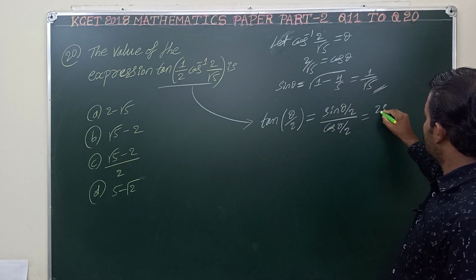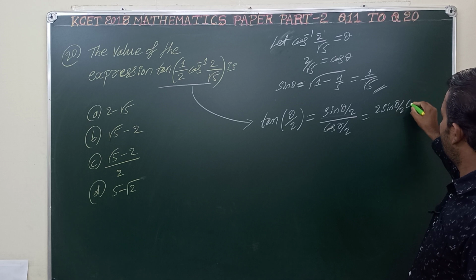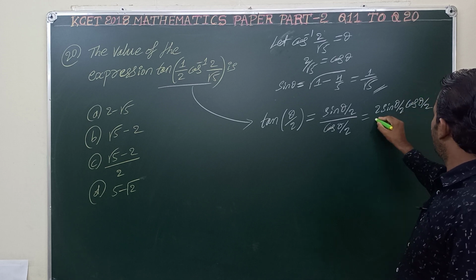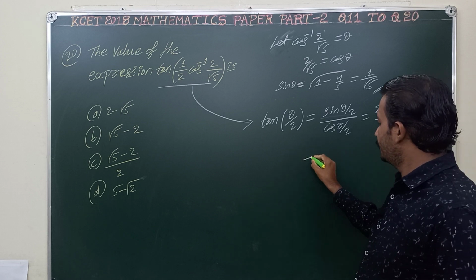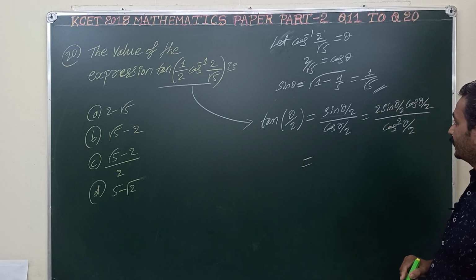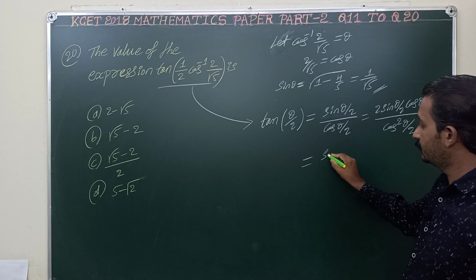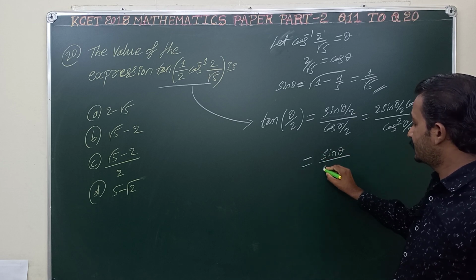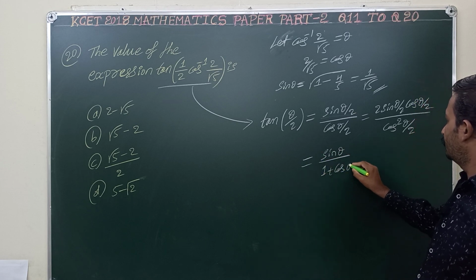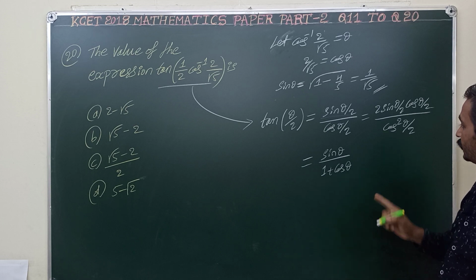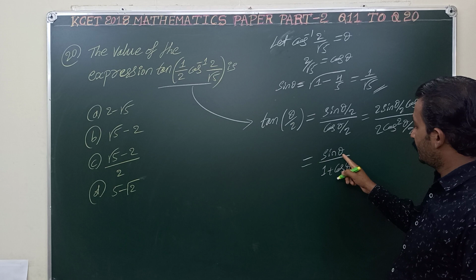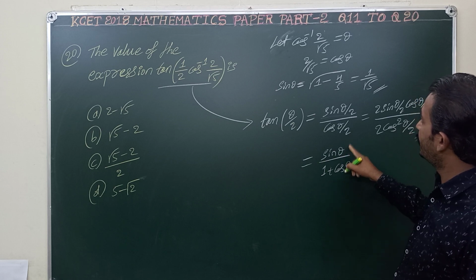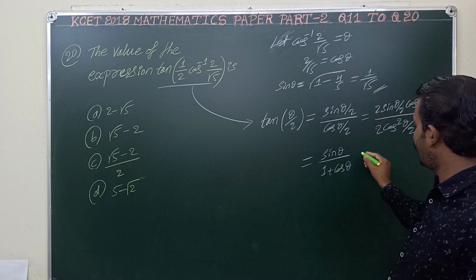So 2 sin theta by 2 into cos theta by 2 divided by 2 cos square theta by 2. Using the half angle formula, the numerator is sin theta and the denominator is 1 plus cos theta, since 1 plus cos theta is equal to 2 cos square theta by 2. We already found sin theta and cos theta, so substitute the values and we get the answer.